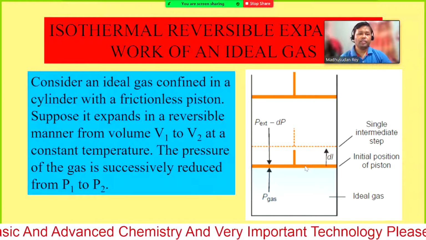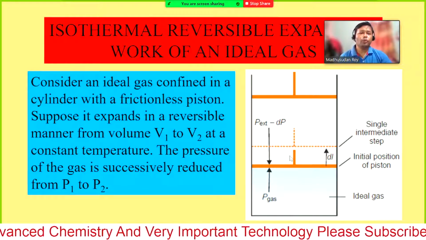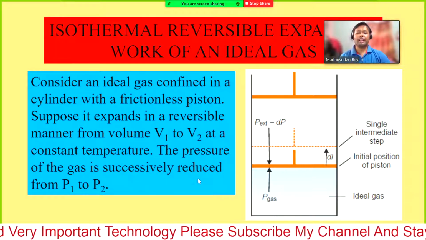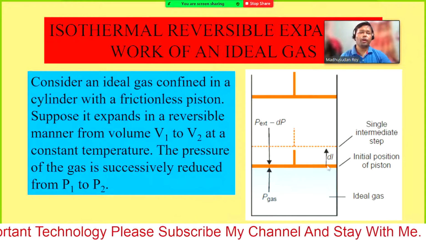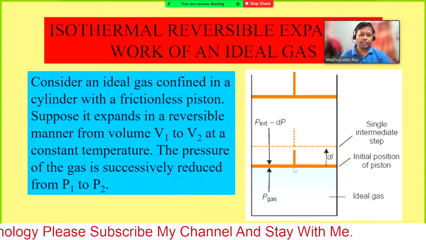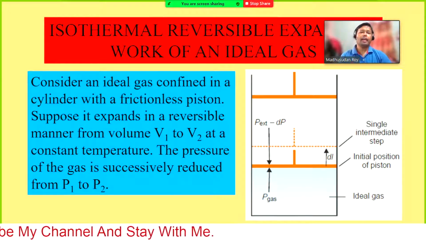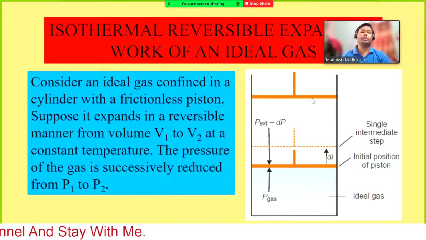Therefore the pressure will decrease quite a lot. The pressure of the gas is successively reduced from P1 to P2. At the initial position the pressure was high, and at the final position the pressure is quite low, that means P1 is greater than P2.